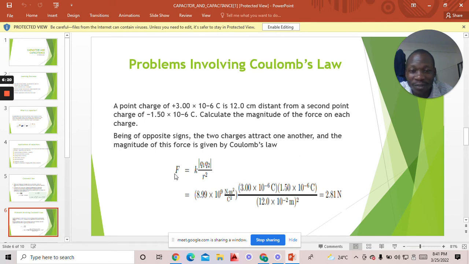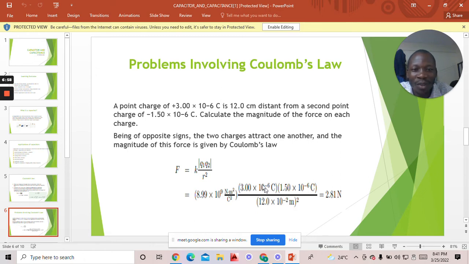So F equals K Q1 multiplied by Q2 over R squared, which if we plug in the constant, approximately 8.99 times 10 power 9, multiplied by 3 times 10 power negative 6, multiplied by 1.5 times 10 power negative 6, and then divide by 12.0 changed into meters, then squared.